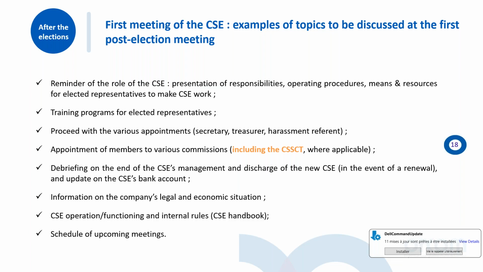They are chosen among the CSE members. The secretary is the person who will write the CSE minutes after each meeting. The treasurer is the CSE member who will be responsible for the CSE bank account, if any. We'll see that after also.